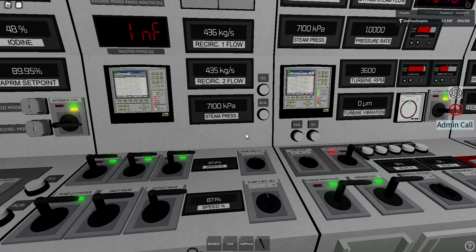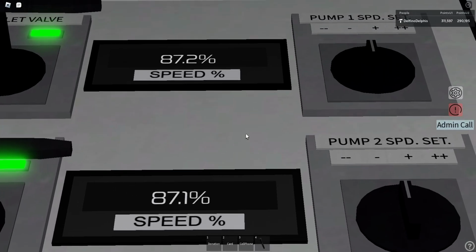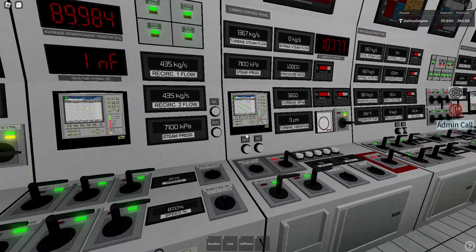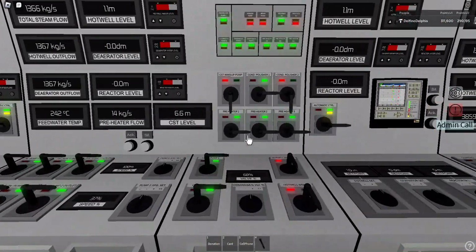If the settings are similar here, we expect similar flows here. Yeah? Now it's okay. But if you see that one of the pumps has much lower flow, even though it has the same setting, it means it's malfunctioning. So basically, that's the idea.